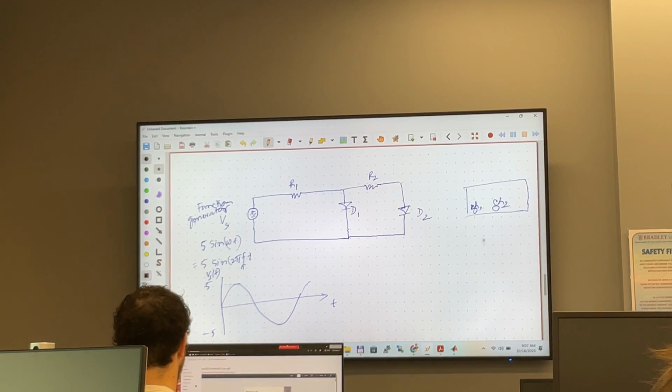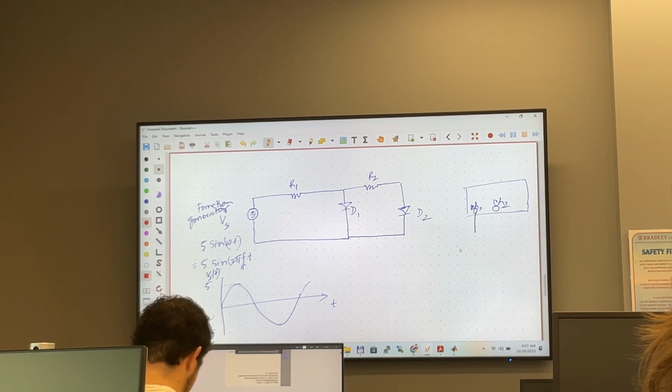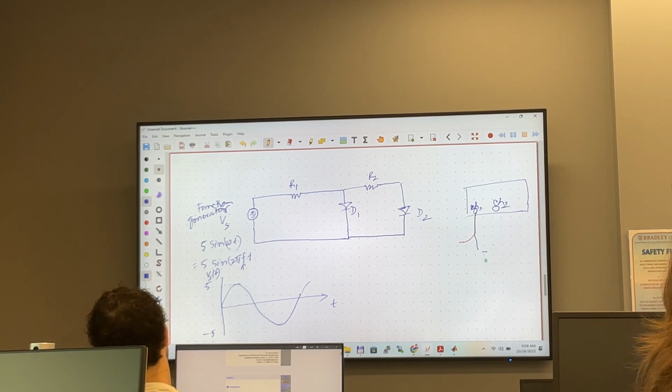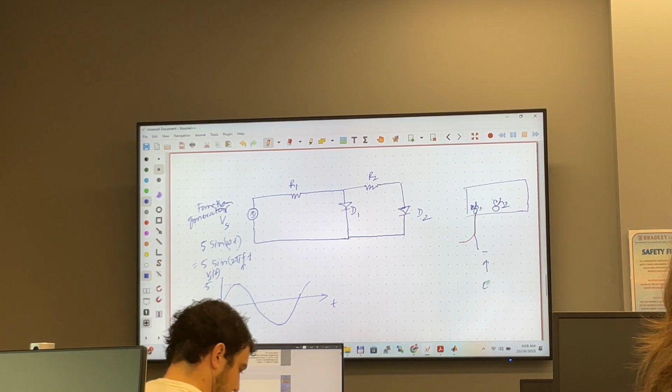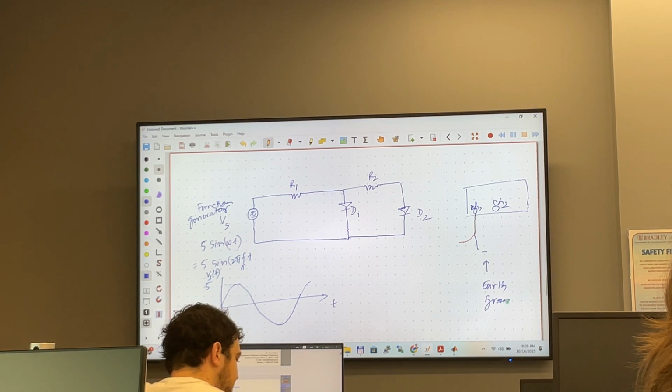Each channel has, let's say, a cable that has 2 outputs. This is positive and the other one is negative. So this is your negative. This is basically arc ground. This is arc ground. Okay?